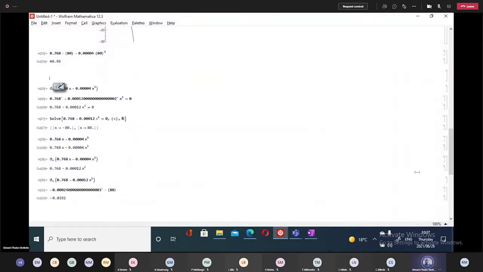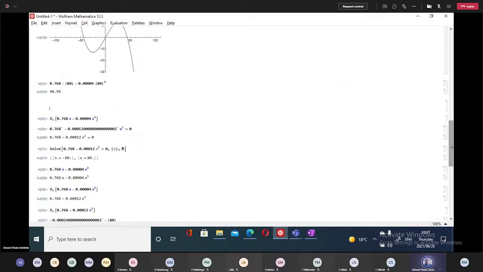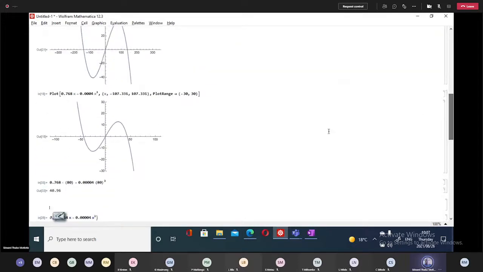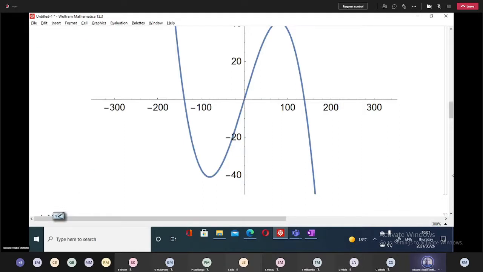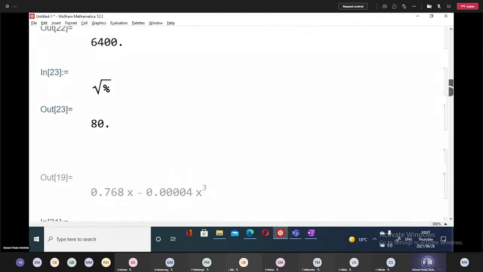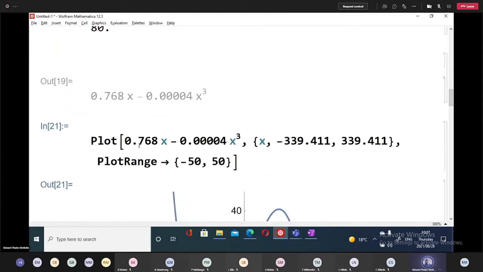So we can even verify this by plotting a graph. I've plotted a graph here. According to this graph, we can see the equation that we have here: 0.768x minus 0.004x to the power 3. Here I just preferred to use x. There's nothing wrong with that.